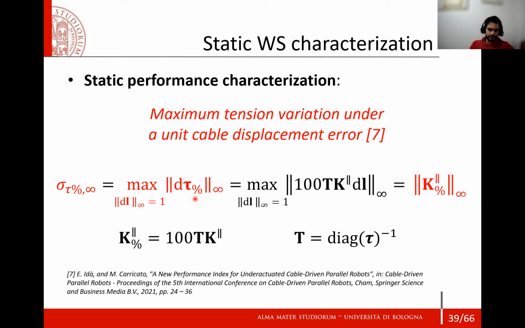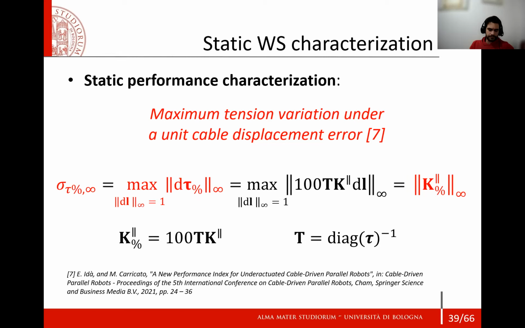The tension percentage variation is obtained by pre-multiplying the tension variation by a diagonal matrix containing the reciprocal of the cable tension and by 100. The unitary cable length error infinity norm corresponds to a physically sound error model constraint, since it basically means that cable errors are between minus and plus 1, which is selected as an arbitrary constant.